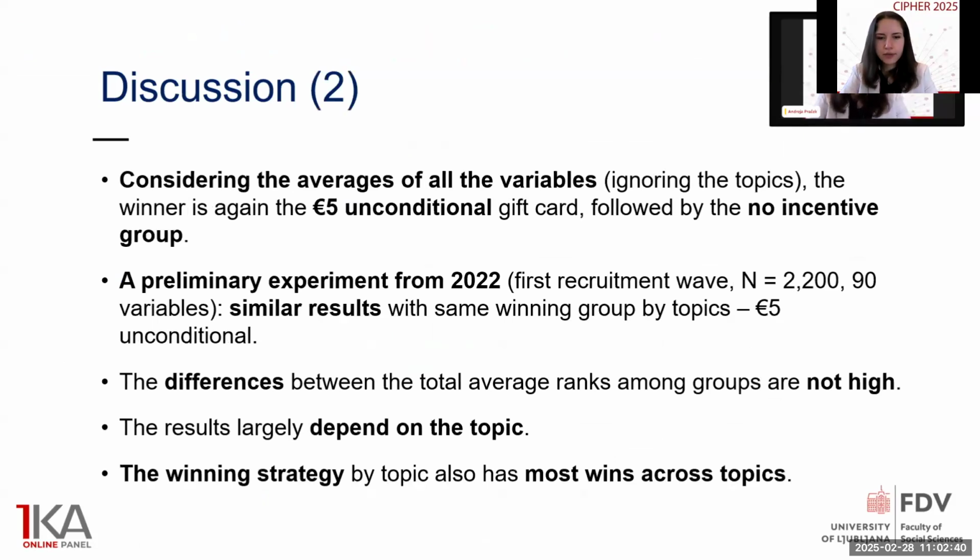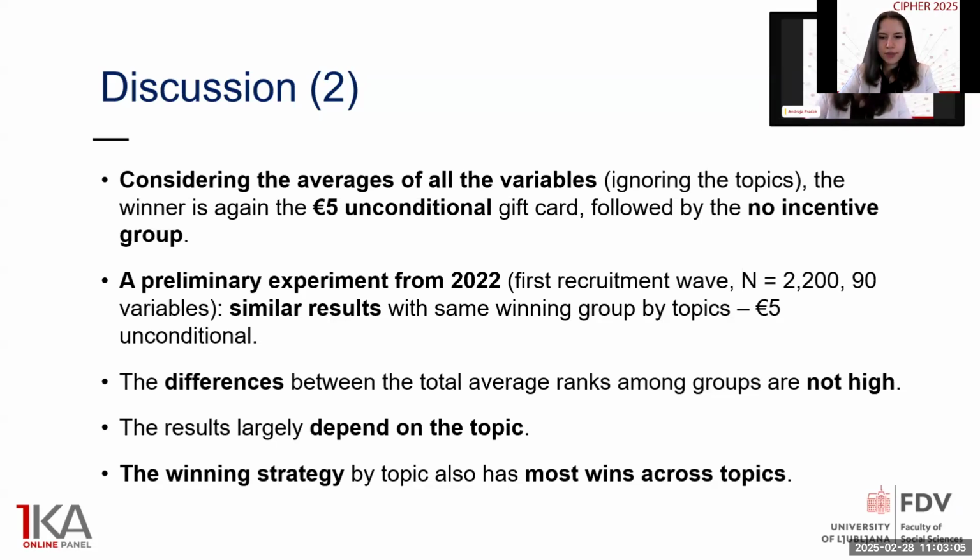We also calculated the total average CUA ranks, ignoring the topics. The winner here is still the €5 unconditional DM card, followed by the no-incentive group. We also conducted a preliminary experiment during the first recruitment wave, and we found similar results with the same winner by topics.